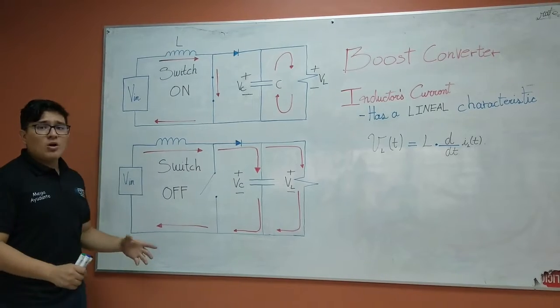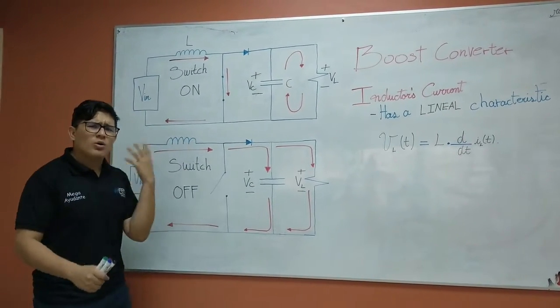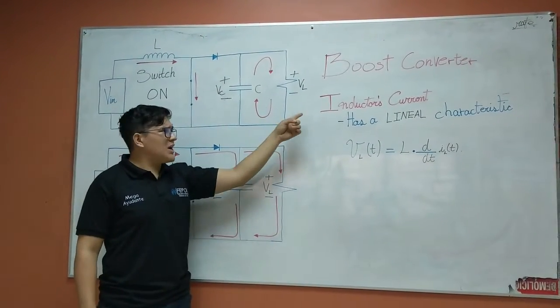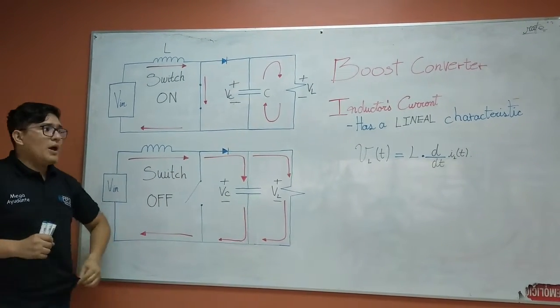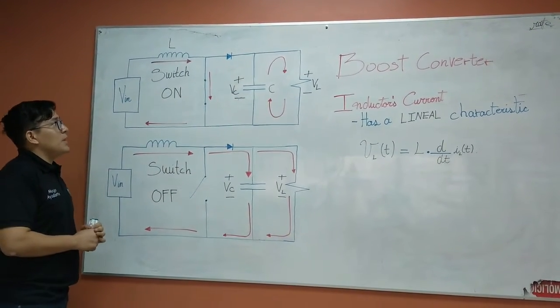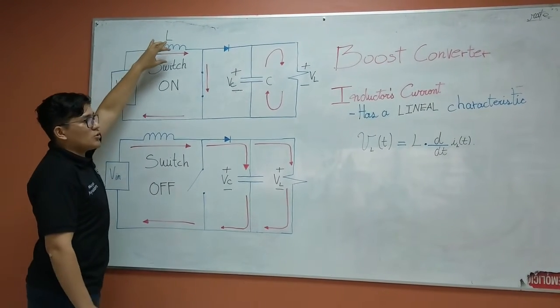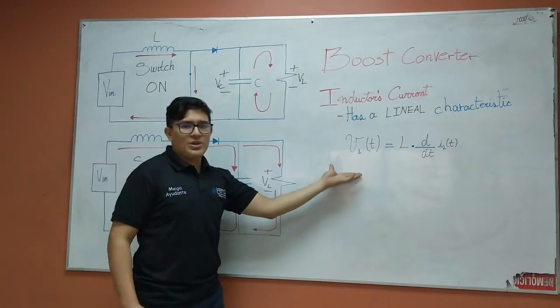Alright, now that we know how the circuit of a boost converter functions, we are going to look at the behavior over time of the current that passes through the inductor. We have to know that over time the voltage across the inductor is described by this equation.